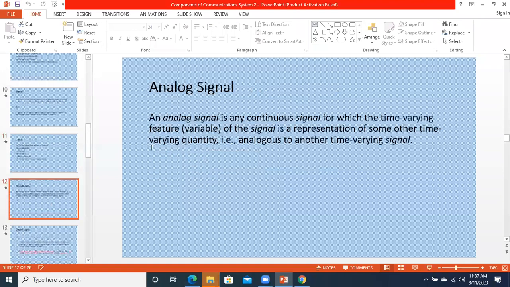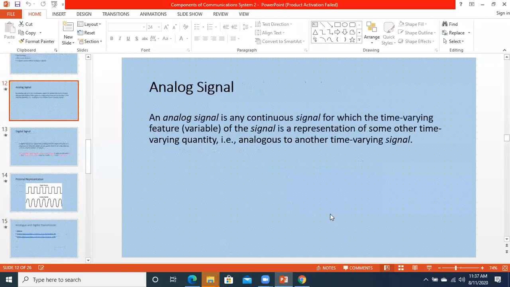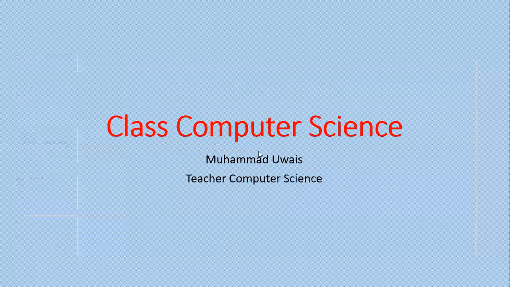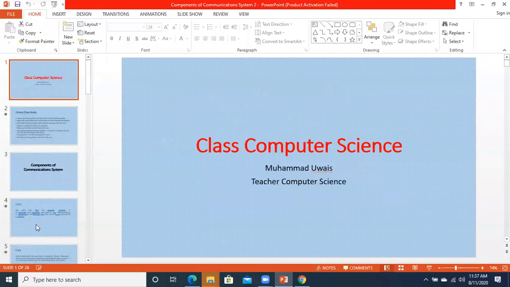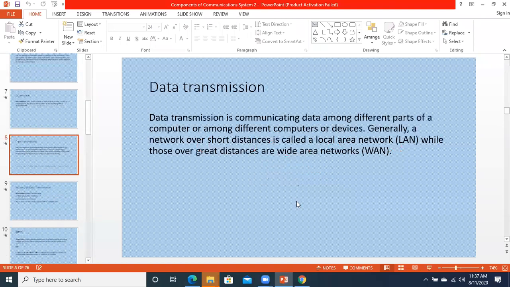So what is basically an analog signal? An analog signal is basically in the form of a sine wave, a wave that is in the form of crests and troughs. And a digital signal is not in the form of a sine wave, but in the form of discrete numbers, that is binary digits, binary values.